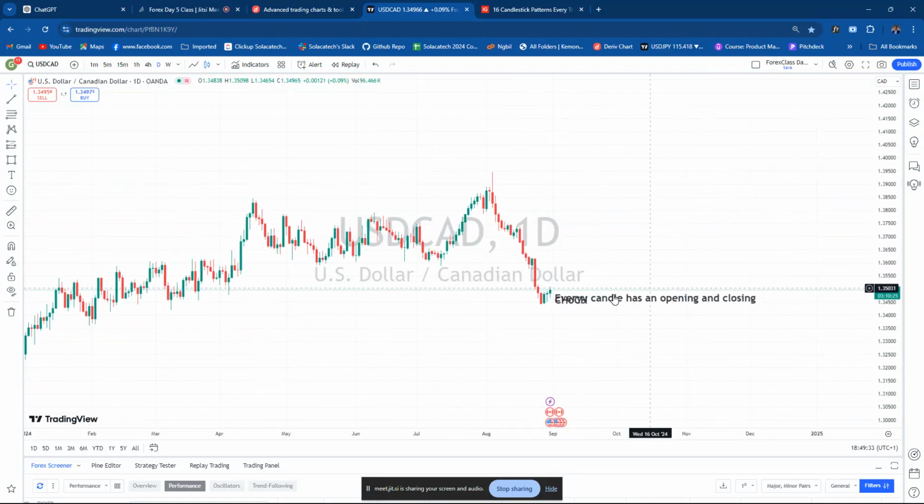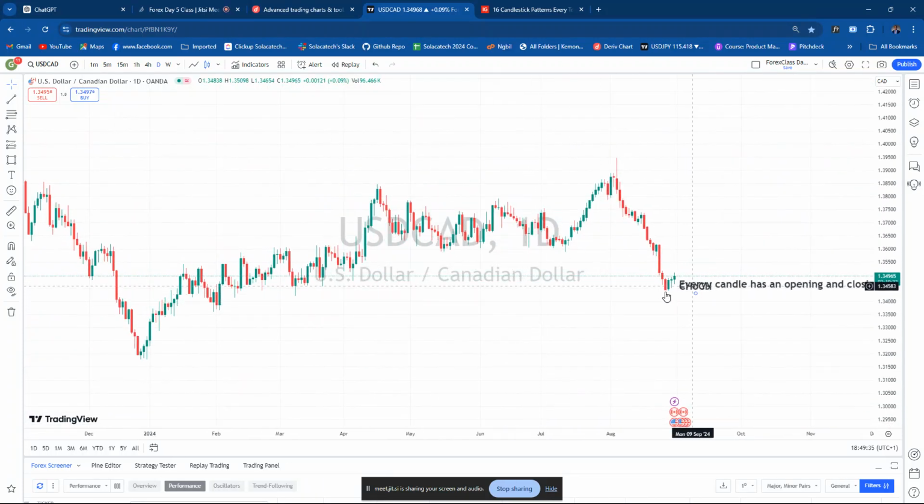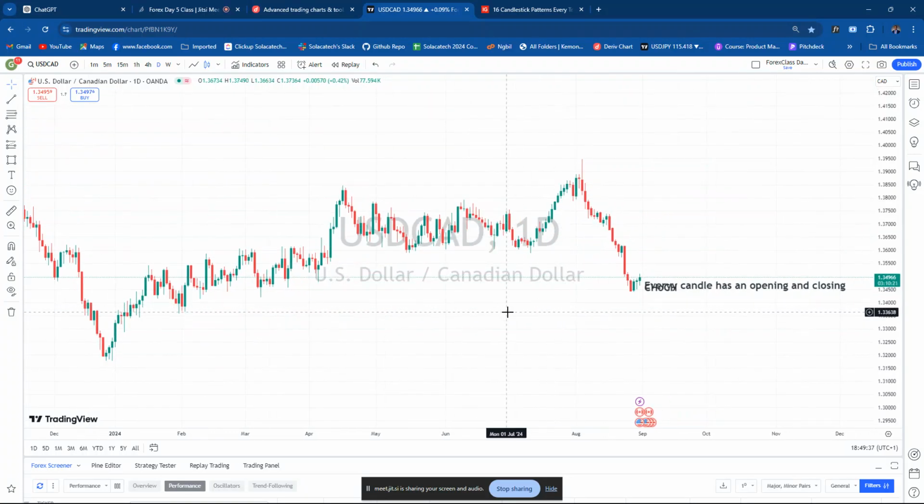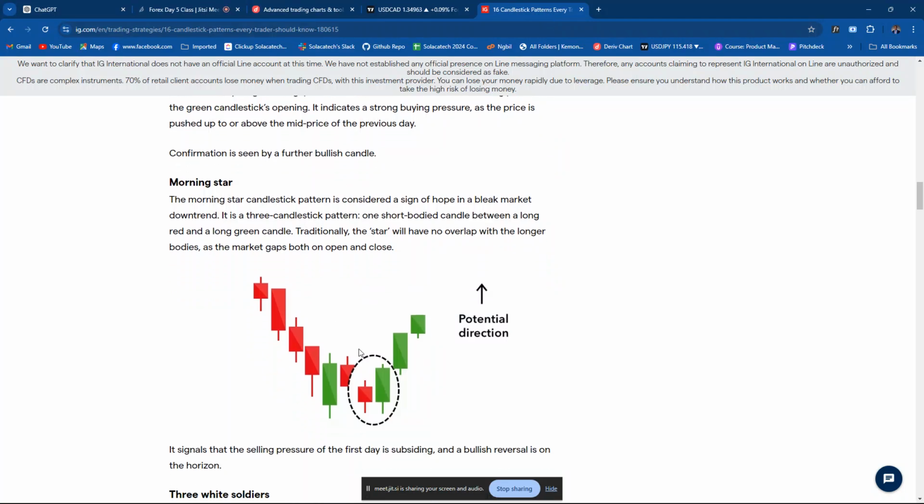That's why it's called morning star. People see it as something that comes up and gives a lot of hope. So this is it, a potential direction, because it has been formed and it is being followed by an engulfing, a rally candle.